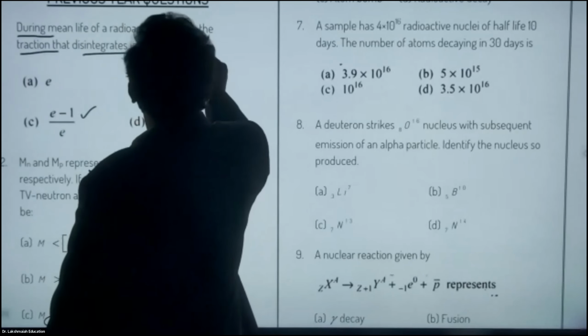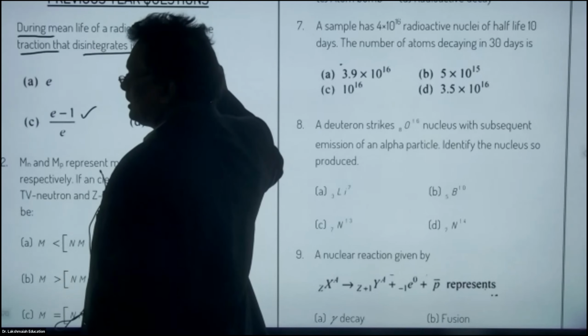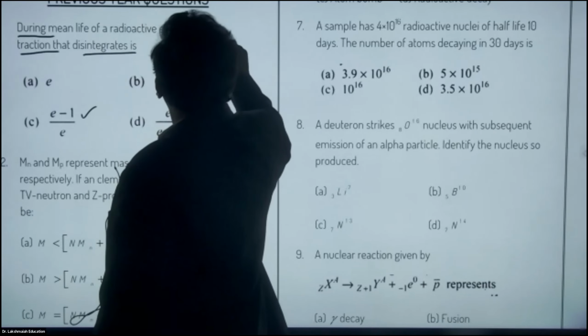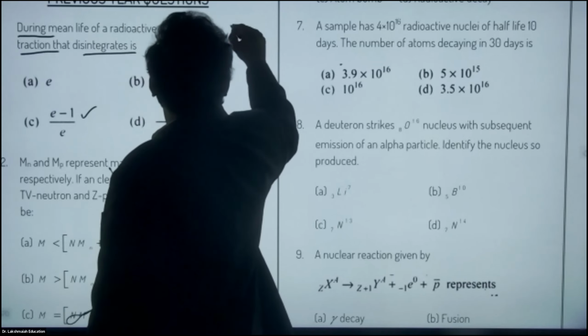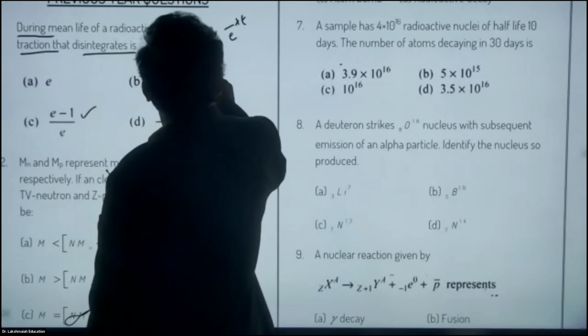By using the formula N is equal to N naught e raised to power minus lambda t. But what is t?